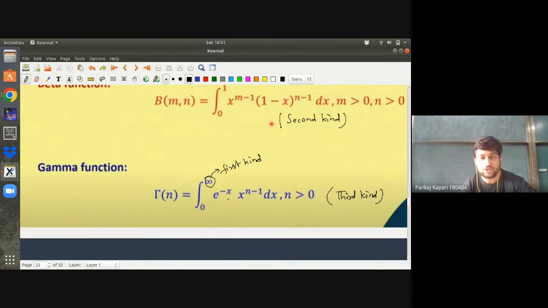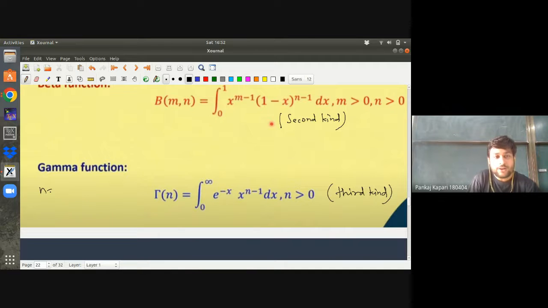No, this is an improper integral of first kind, not third kind, because we have assumed that n is positive. If n was negative, then there is a problem. So actually this is third kind. Okay, I was correct. Why is this third kind?